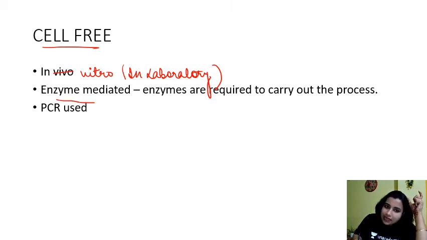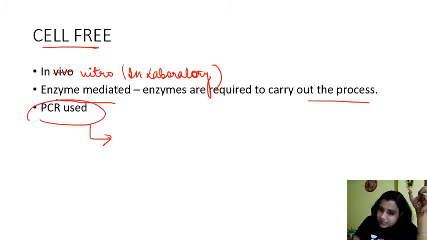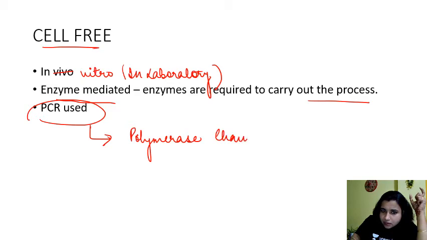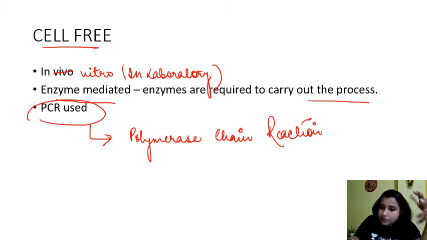This is an enzyme mediated process, that means enzymes are used to carry out the process. It is PCR. You know what PCR is? PCR is the polymerase chain reaction. It is used for amplification of DNA, to produce many copies of DNA.